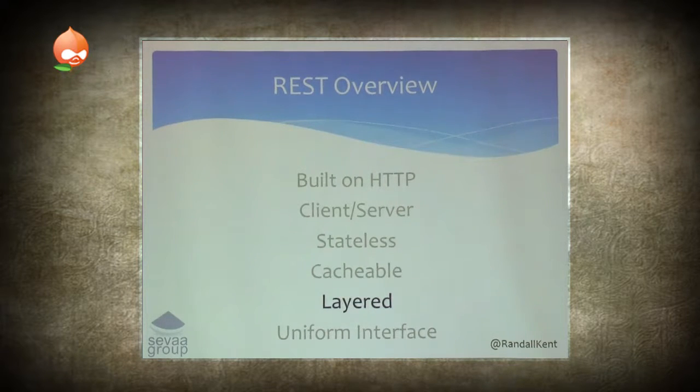But in order to return a response, it might need to reach out to other web services. That ability to layer really abstracts and simplifies the end user's experience. And then, like I said, the uniform interface ties into the fact that it's built on HTTP, so you've got the resource and the methods and whatnot.